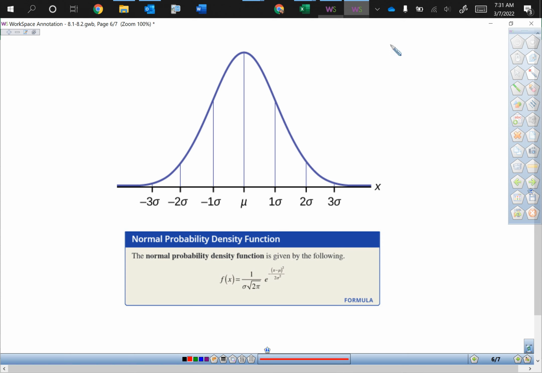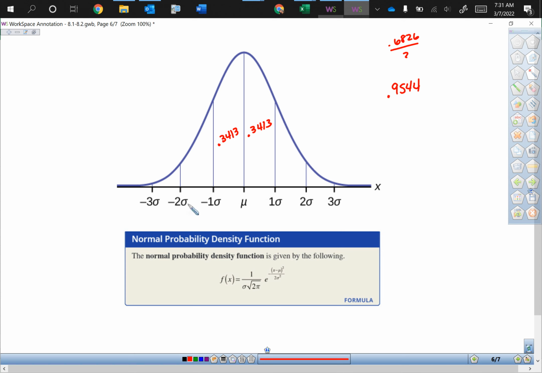You're going to take that 0.6826 and divide it by 2, and that's going to give me 0.3413. That means 0.3413 goes on each side of these. Now, from 2 standard deviations away, we know that that has to be 0.9544.